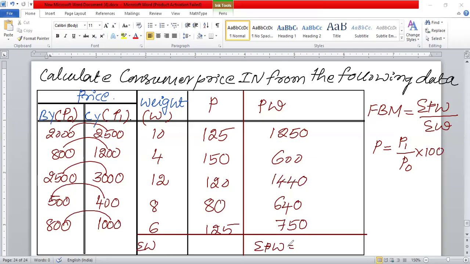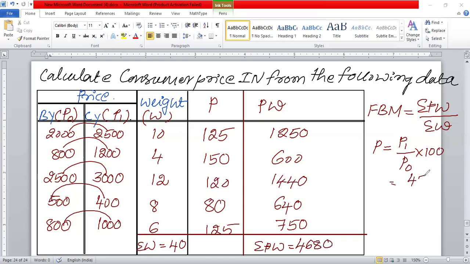So many people in this formula also multiply by 100. No. The weight is 10 plus 4 plus 12 plus 8 plus 6. So 40. Now PW is 1250 plus 600 plus 1440 plus 640 plus 750. 4680.